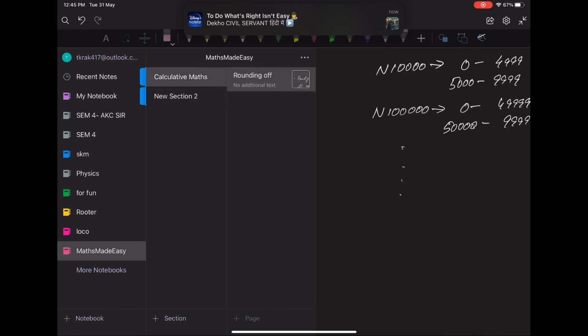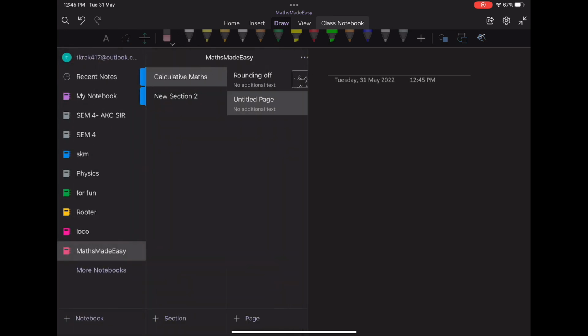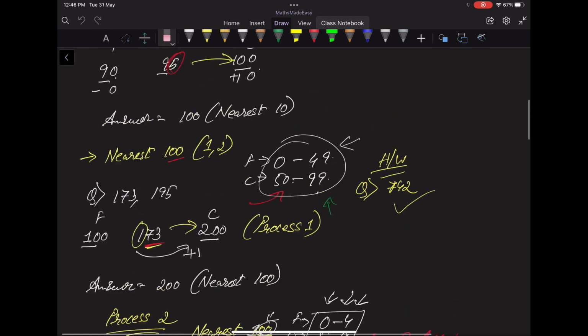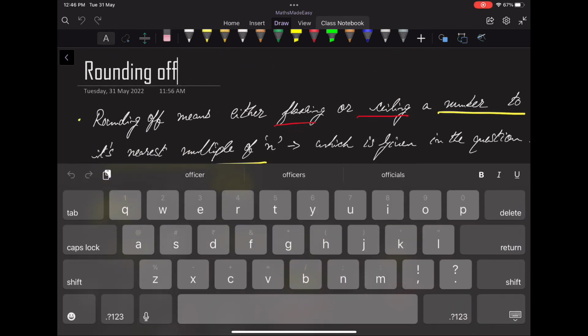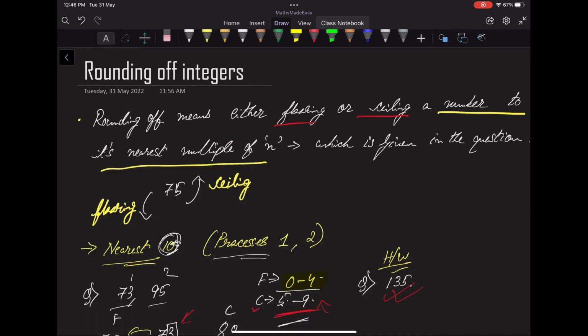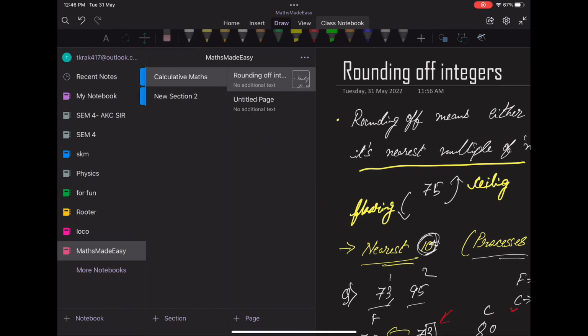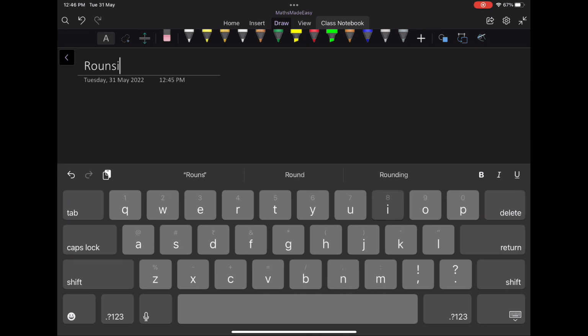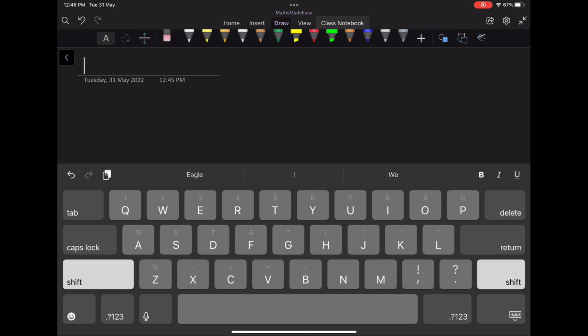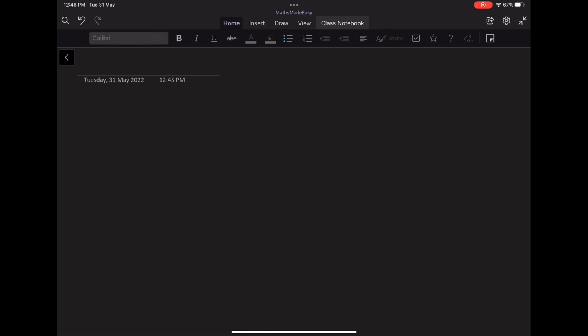I'm just going to be adding an extra page, and we'll be clarifying this thing, rounding off. We'll be clarifying this one, rounding of integers, and this one will be rounding of decimals.